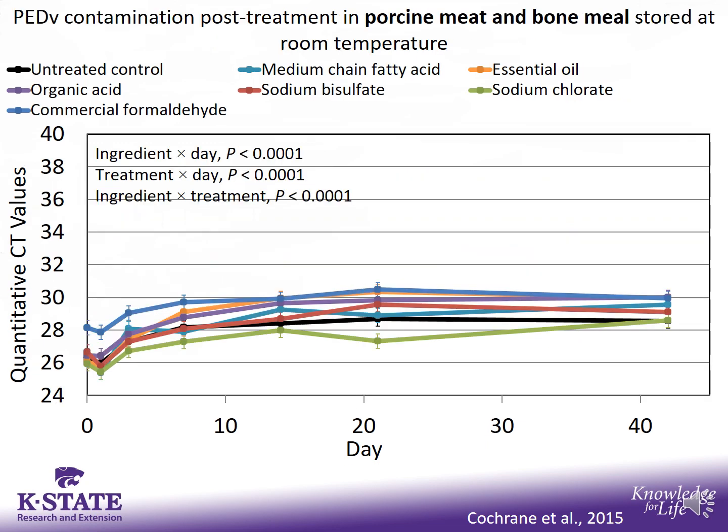However, in other ingredients, we've tested a variety of chemical treatments and found very few of them would have capability of substantially reducing the quantity of detectable virus. And so we understand that there's some type of ingredient by time, by chemical treatment interaction, and each of these chemical treatments needs to be evaluated in different types of viruses and different types of ingredients.